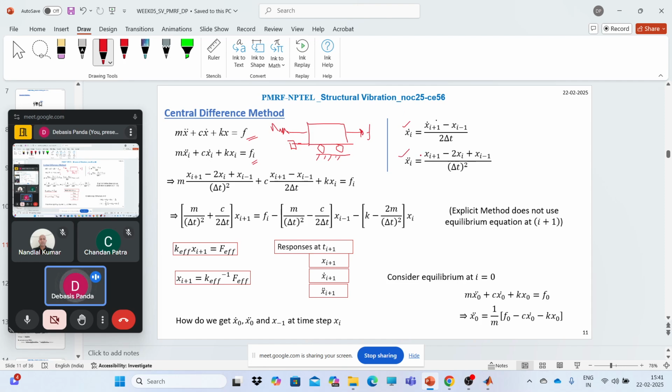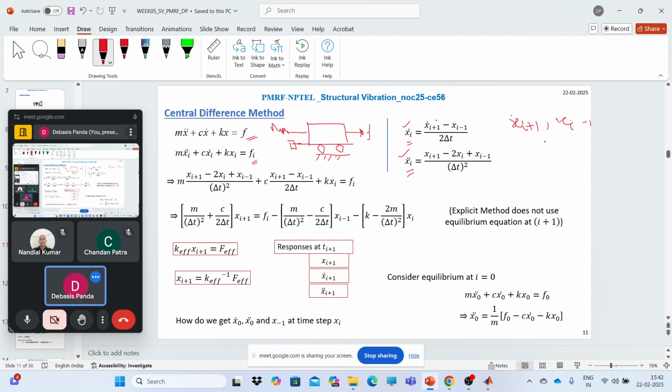From numerical techniques, the central difference says that the velocity at the ith time point will depend on the velocity at the i plus 1 time point and the i minus 1 time point. So we have defined x i dot in terms of central difference. We also have defined x i double dot with respect to the central difference.